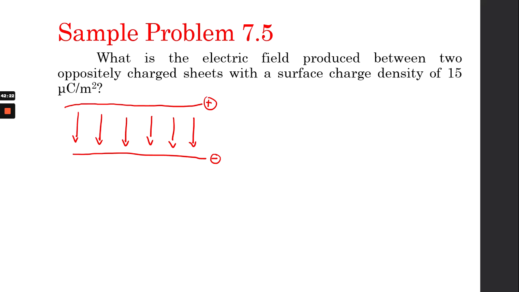We just discussed this, and they gave you sigma equals 15 microcoulombs per meter squared, that is equal to 15 times 10 raised to negative 6 coulombs per meter squared.